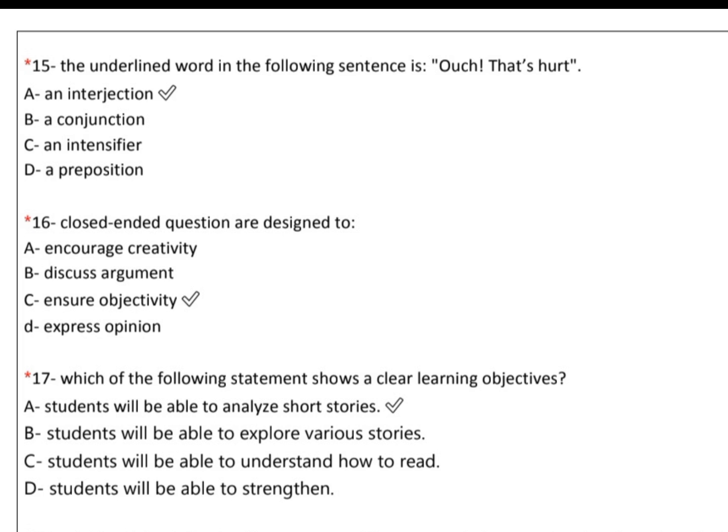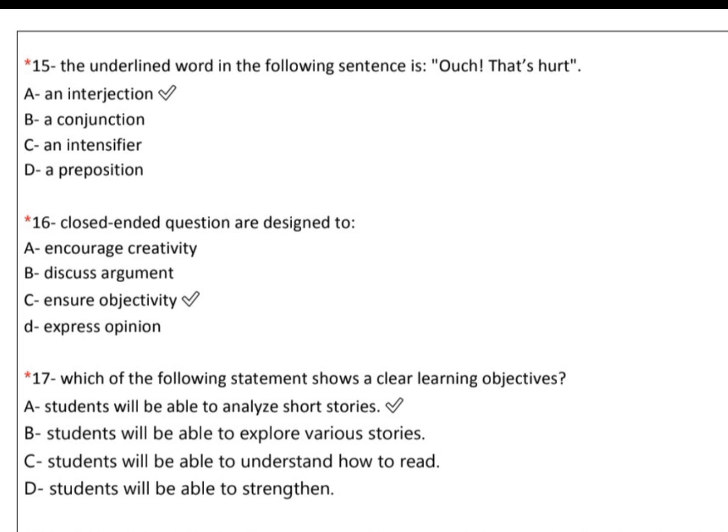The underlined word in the following sentence is "ouch, that hurt": A. An interjection. B. A conjunction. C. An intensifier. D. A preposition.